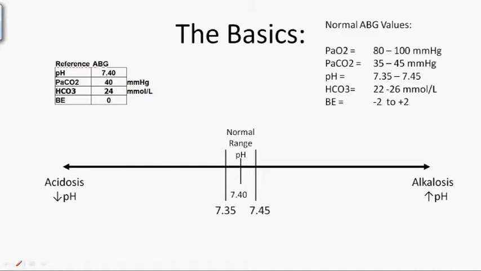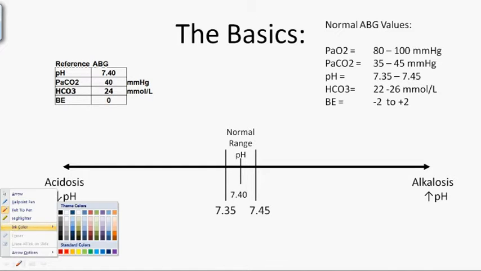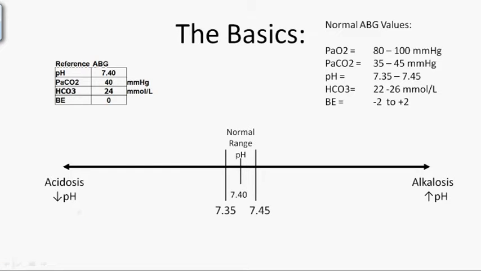So we're going to use some conventions here when we're talking about this. Whenever we're talking about ventilation, so the control of CO2, I'm going to try to use this blue color. I might get that mixed up once in a while. We know a normal blood gas CO2 is between 35 and 45.